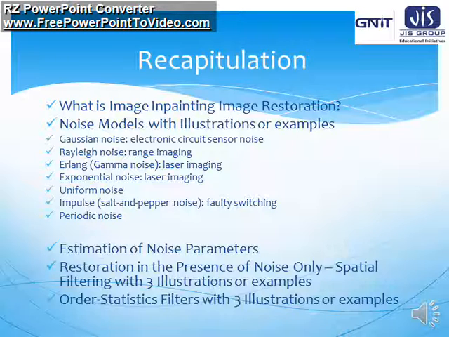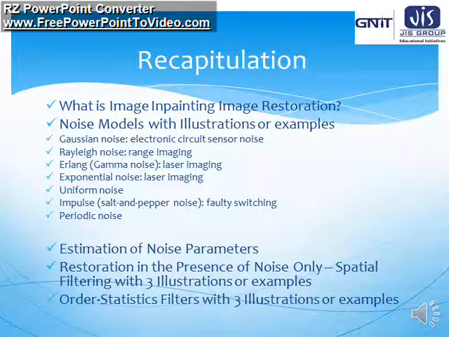Then exponential noise, which is also generated from laser imaging. Then uniform noise, and then the very popular salt and pepper noise, also known as impulse noise, which is generated through faulty switching. And last, the periodic noise. So all these noise models have been discussed with examples.